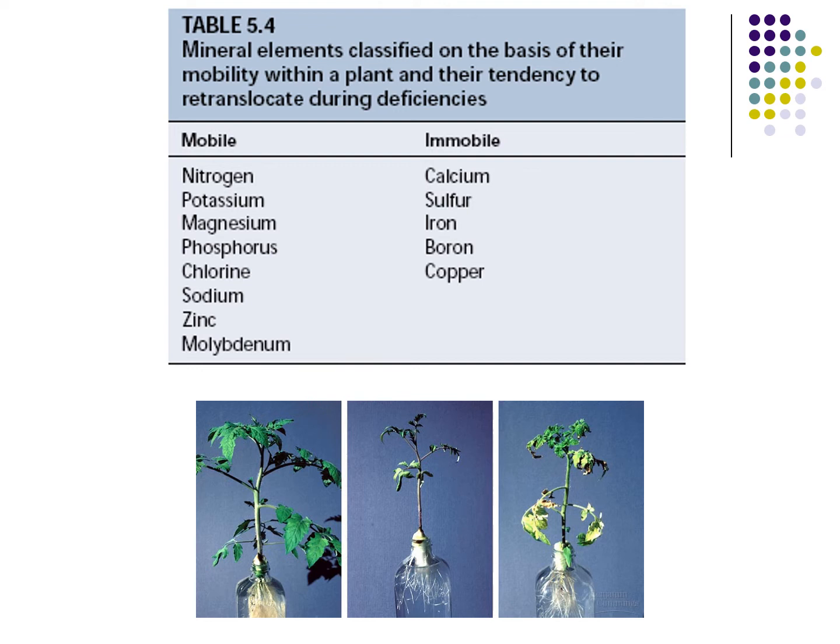For example, a shortage of magnesium, which is a mobile element, will lead to chlorosis first in older leaves. On the other hand, if a nutrient is relatively immobile, like calcium for example, then a deficiency in calcium will affect young parts of the plant first. Older tissues may have adequate supplies which they retain during periods of shortage.